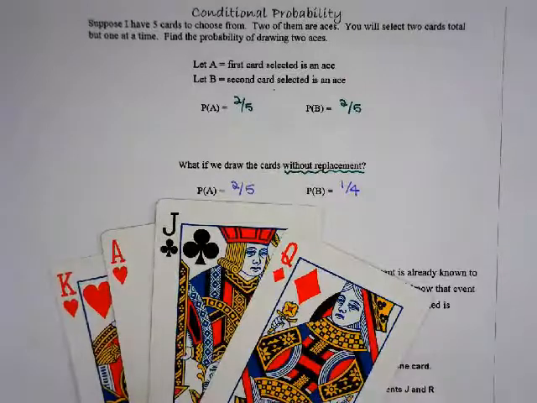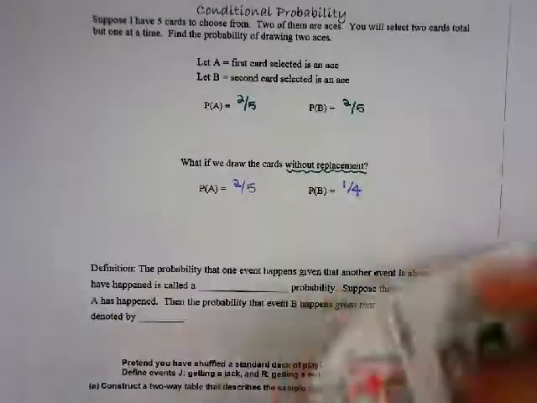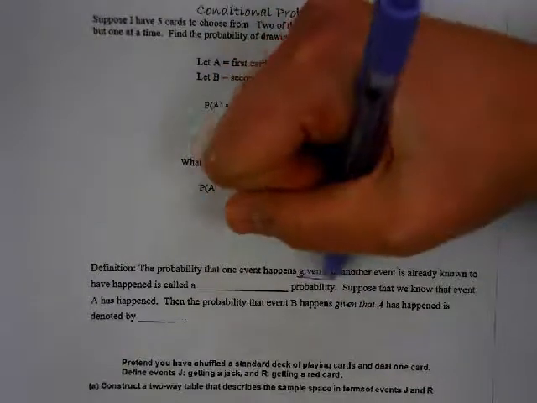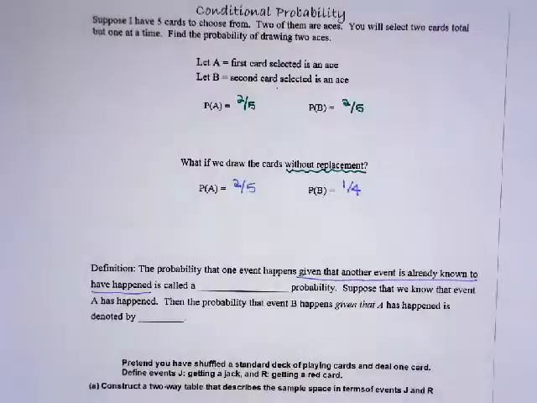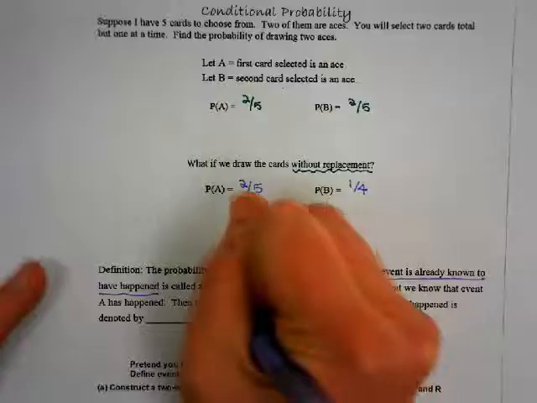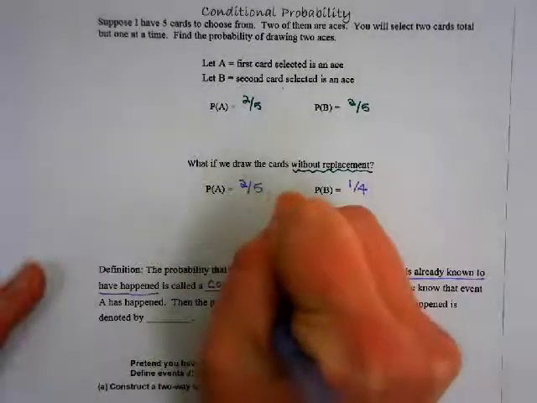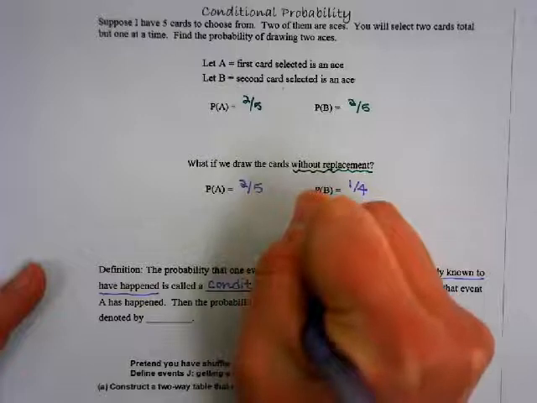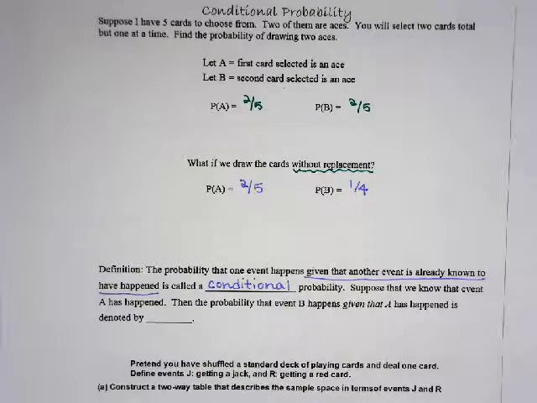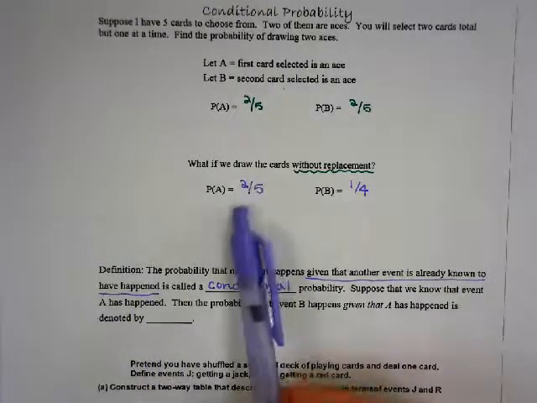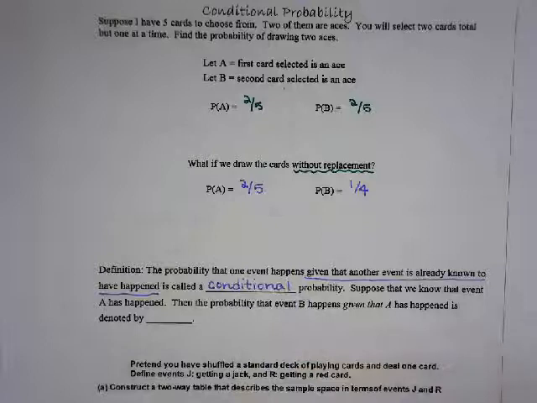So this leads us into our definition for today. The probability that one event happens given another event is known to have happened is a conditional probability. Suppose we know that event A has happened, which in the example means we actually got an ace.